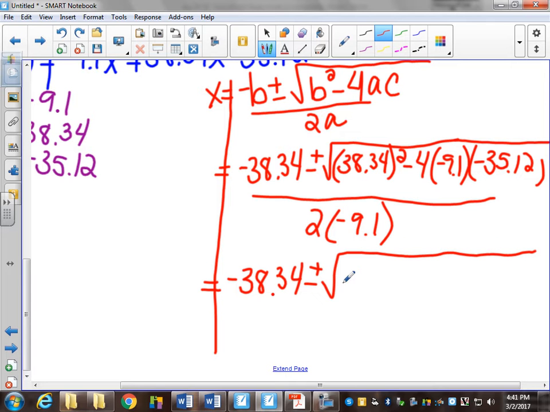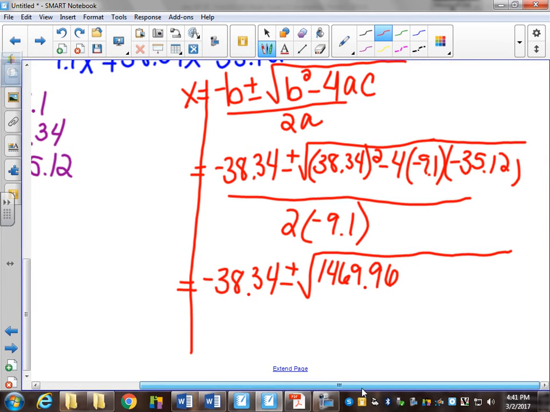The square root of 38.34 squared, 1,469.96. If you round to 3 decimal places, that's okay as well. We have a negative times a negative times a negative. Therefore, our sign is going to be negative.